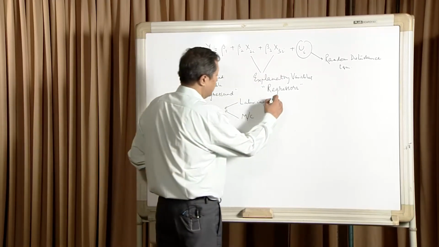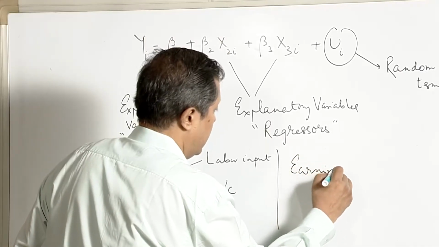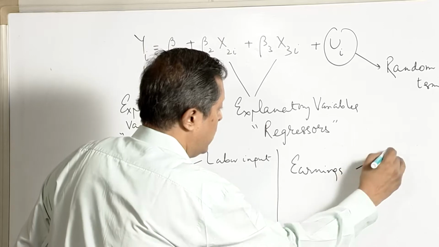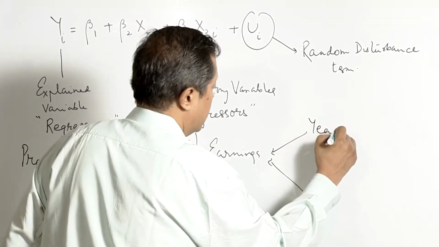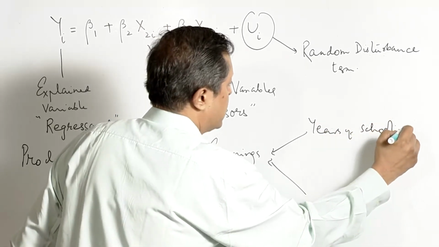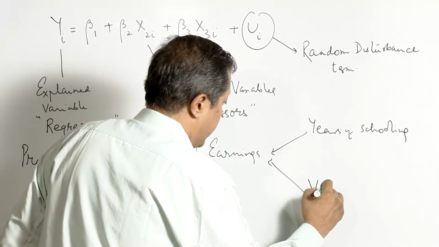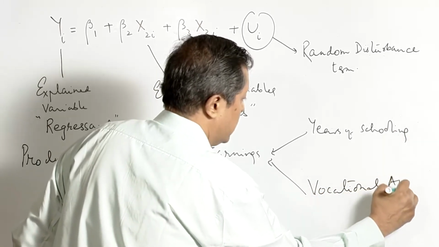Another simple example, earnings of an individual would depend on not only the years of schooling, but also vocational aptitude.